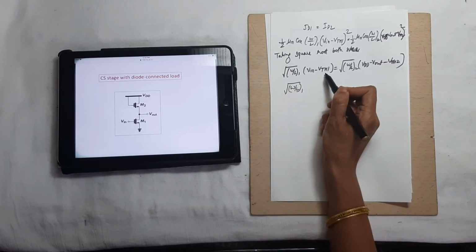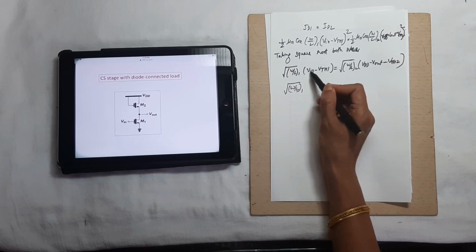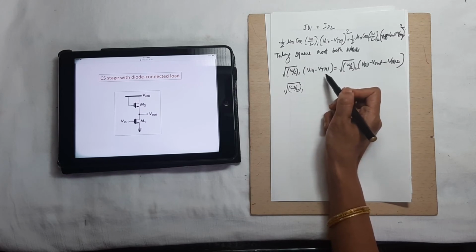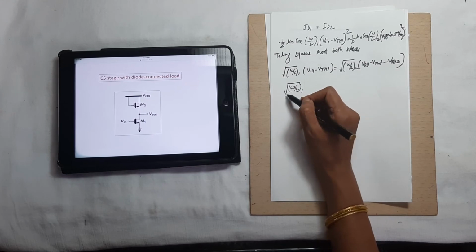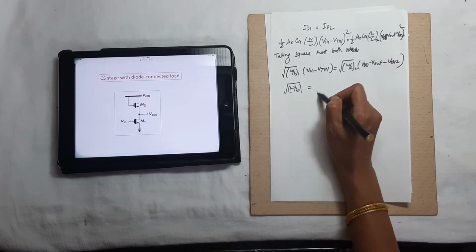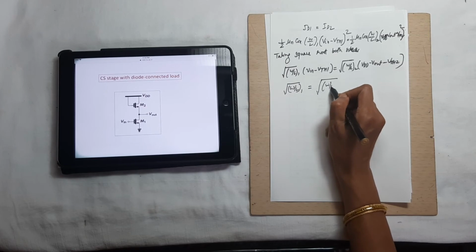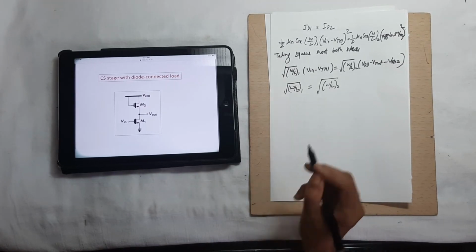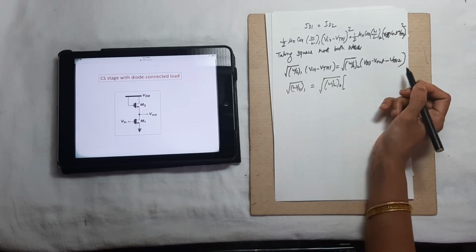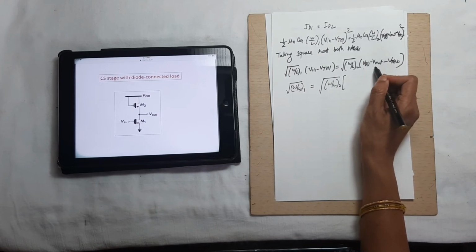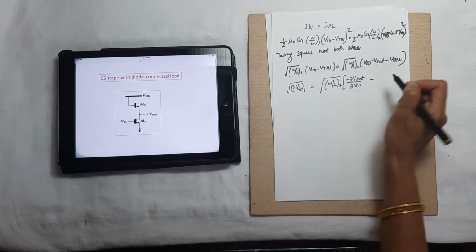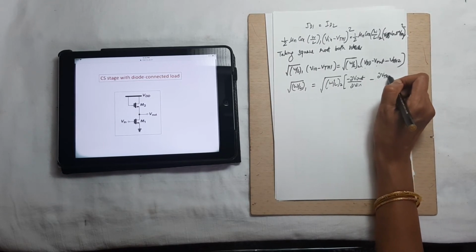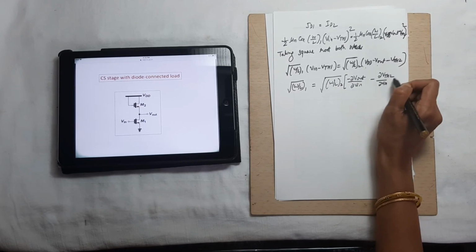When you differentiate with respect to Vin, this will be 1 and VTH1 will be 0, and we are left with the square root of W by L of the first transistor. This is equal to square root of W by L of the second transistor multiplied by, VDD is 0, so Vout has to be differentiated: minus dou Vout by dou Vin minus dou VTH2 by dou Vin.